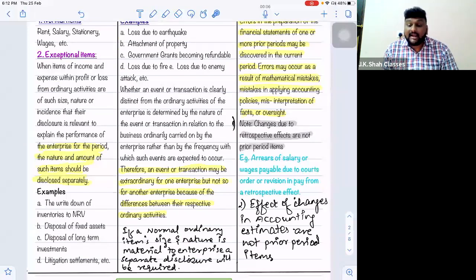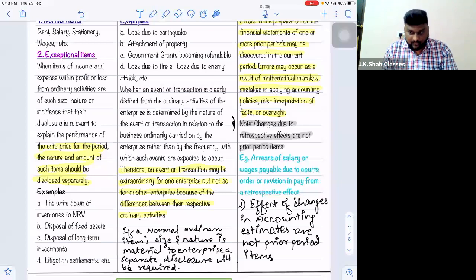Someone also asked about speculative transactions. So that is nothing but ordinary exceptional items, depending upon the nature of your business. See, if you are doing only trading of shares and securities, then it is nowhere exceptional.